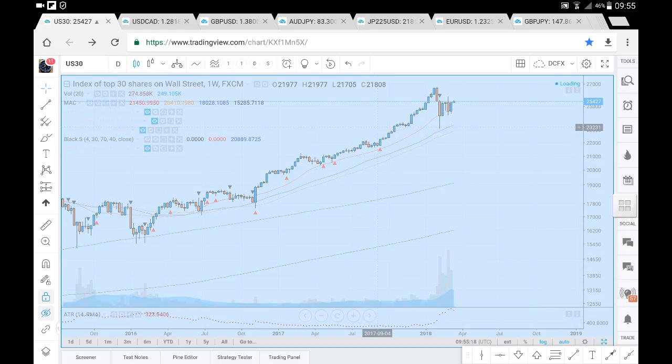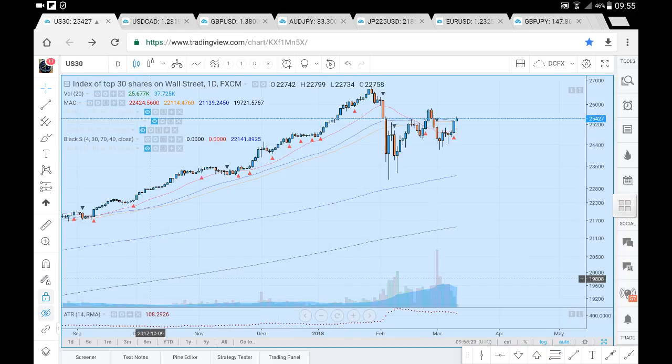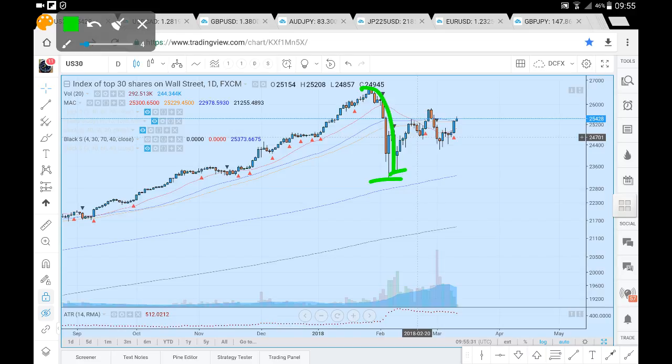Now, if we head over to the daily time frame on the US 30, we can see here that we've had the sharp sell-off low again. We weren't able to retest the previous lows, moved upwards, posted a higher low and a higher high, invalidated this higher low here slightly, and after which we did see bullish buy side momentum return to this market.